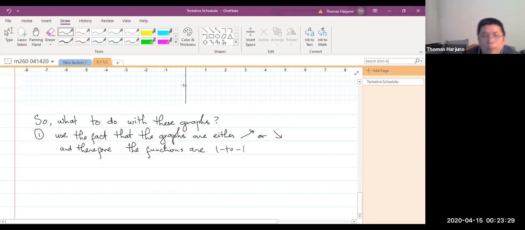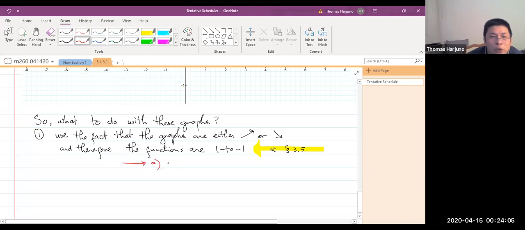Now, we talked about this quite a long time ago. When did we talk about this? We talked about this in section 3.5 when we talked about inverse functions. If a function is increasing or decreasing, then the function is one-to-one. Because the function is one-to-one, there are two consequences.